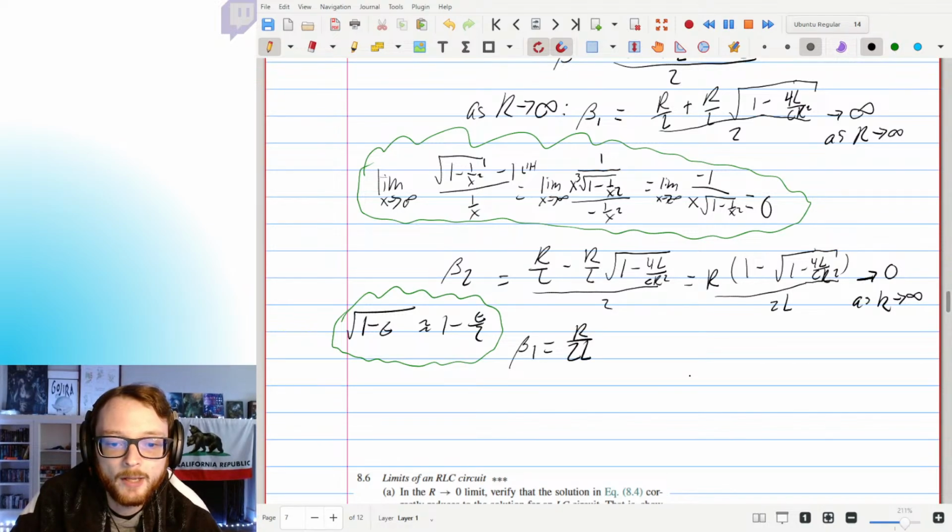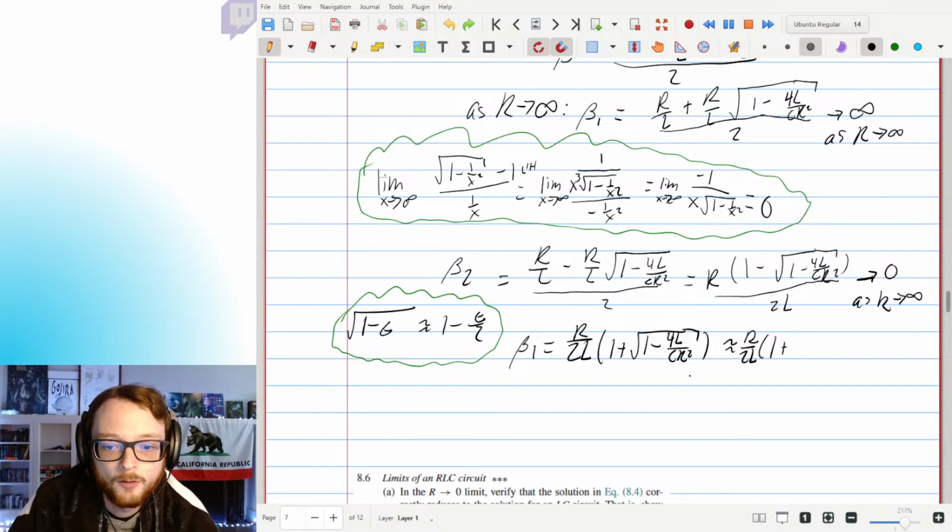R over 2L times 1 plus root 1 minus 4L over CR squared is about R over 2L times 1 plus... Now, epsilon is 4L over CR squared. So the 4 becomes a 2.